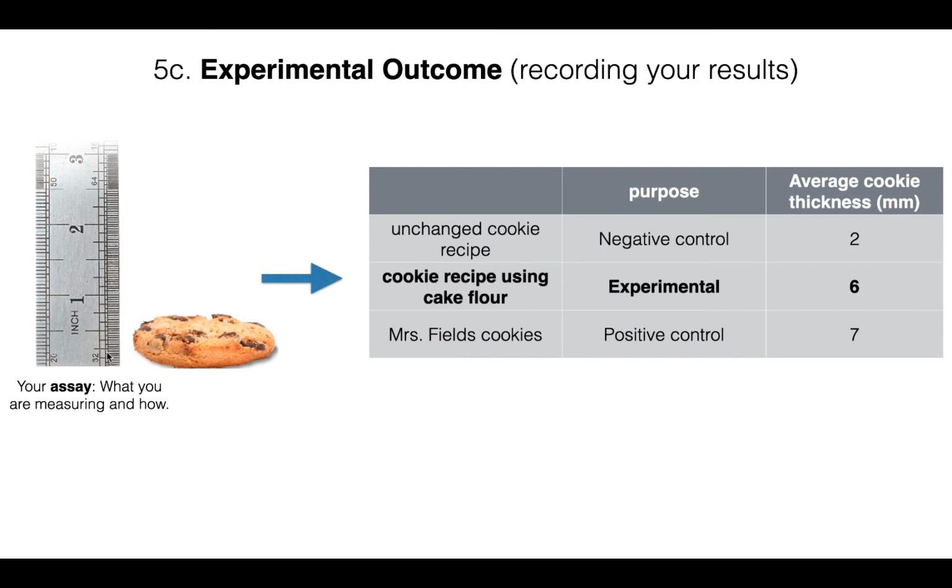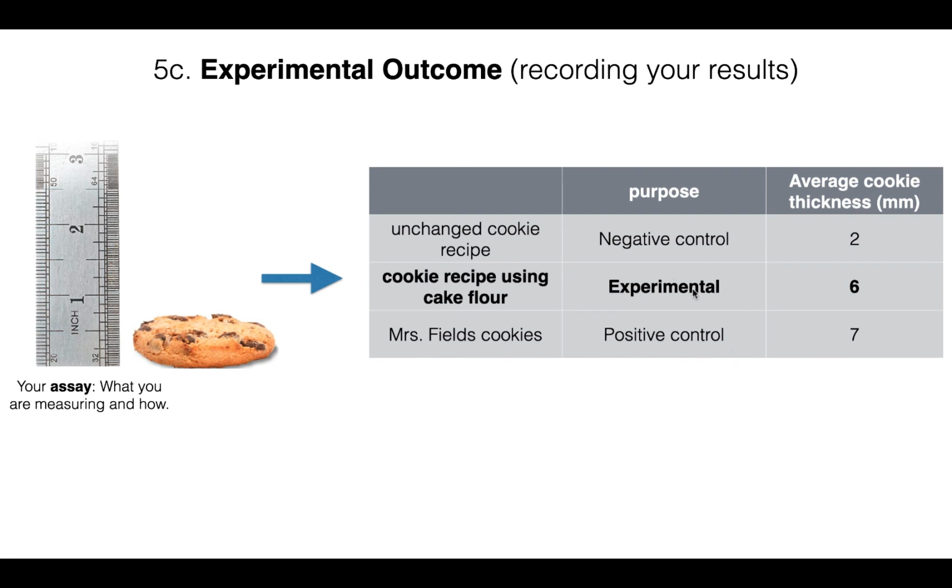So our experimental outcome, our results, we're going to record. And this is going to be your numerical data that you are measuring using your assay. And so here we have our negative control, the unchanged cookie recipe that has an average cookie thickness of 2 millimeters. We have Mrs. Fields cookies. This is our positive control. They are 7 millimeters.